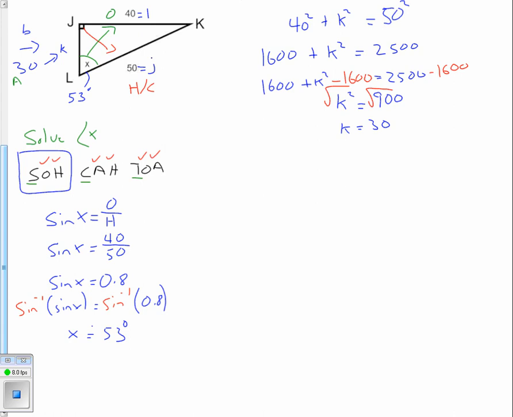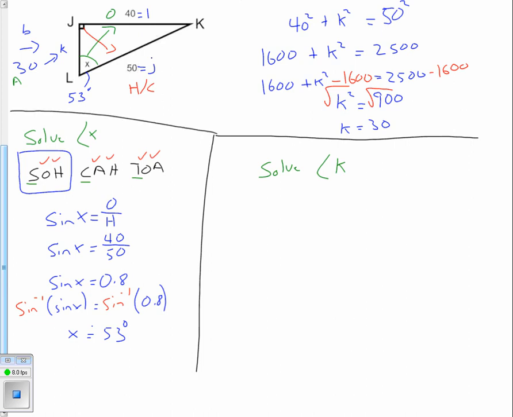And now we're trying to figure out, what's angle k? So let's solve for angle k. We've solved for side length k, we have solved for angle x, and now we're trying to solve for angle k. What's really important here is what piece of information do we have?